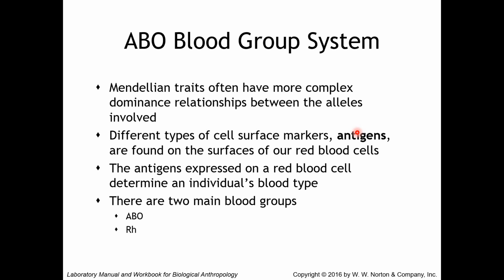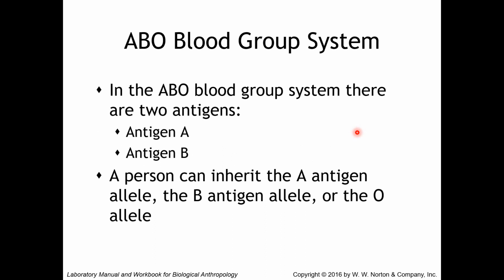And there are 2 main blood groups, ABO and RH. So ABO would give us blood types of A, B, AB, or O. And then with the RH, we have either RH positive and RH negative. So in the ABO blood group system, there are 2 antigens, antigen A and antigen B.